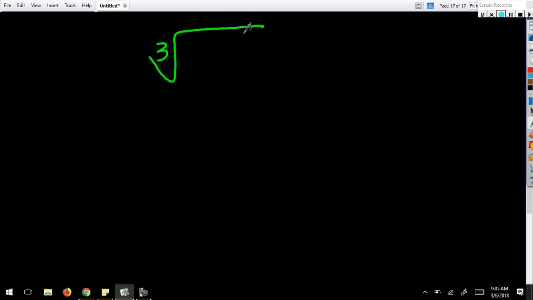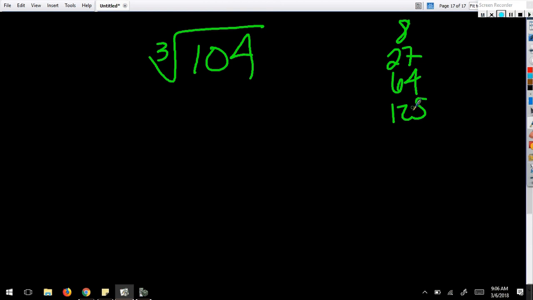Cubed root, you try this one. Cubed root of 104. All right, did you make your list of cubes? 2 to the third is 8, 3 to the third is 27, 4 to the third is 64, 5 to the third, it surely wouldn't be any bigger than that because that's bigger than the number.